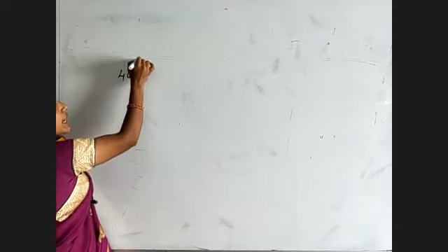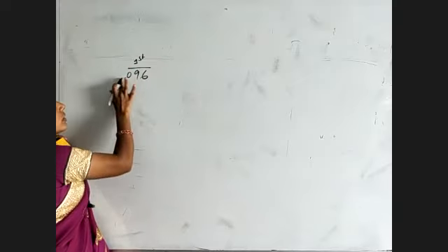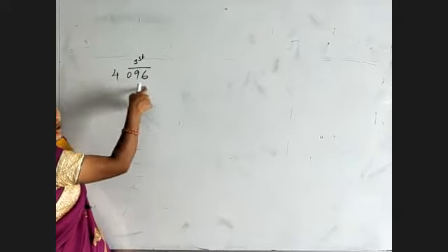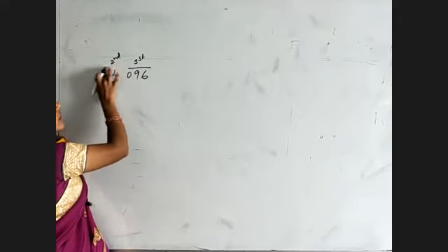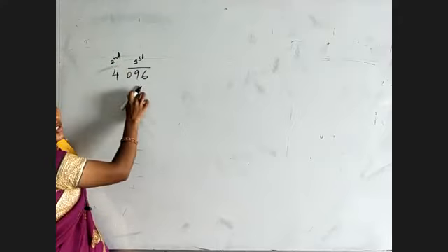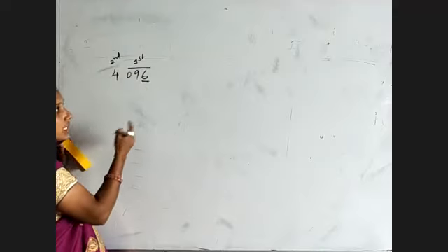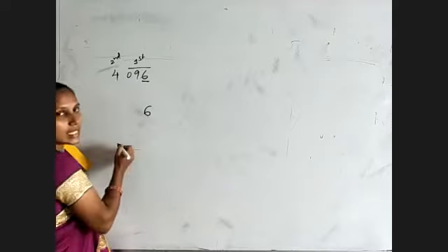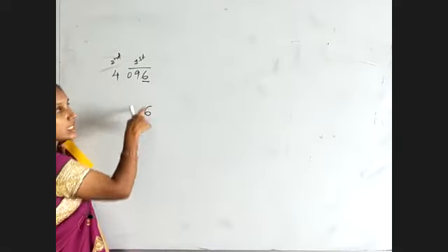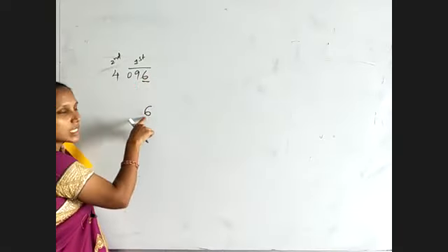In the first group, I have 3 digits, 096, and this is my second group. Now observe the first group digit, 6 is there. For 6 we will get 6 only, yes or no? The cube value of 6 ends in 6, means its cube root ends in 6.